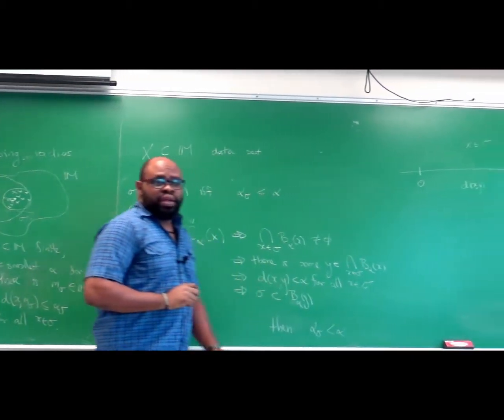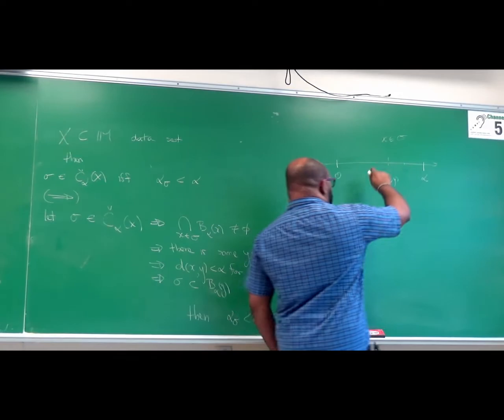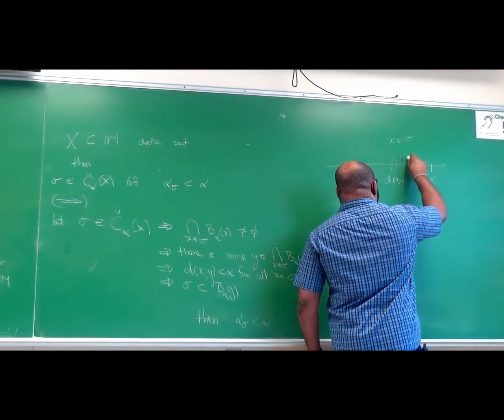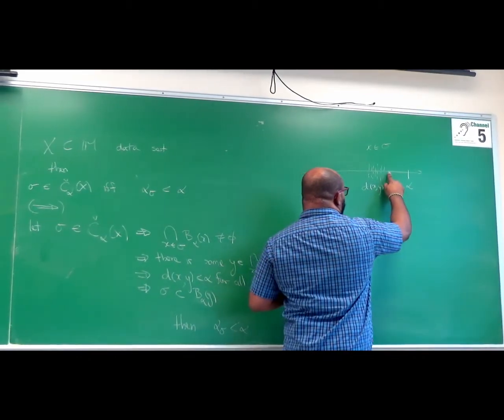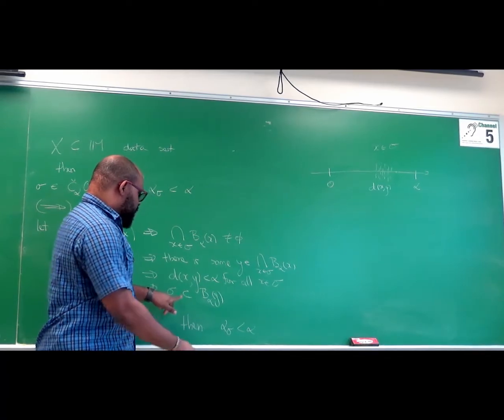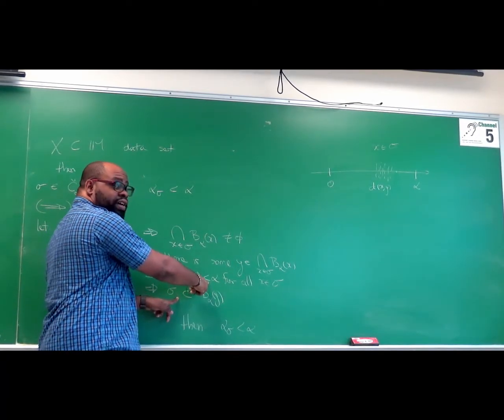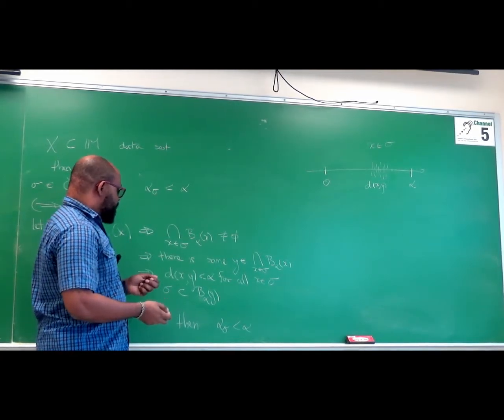And if you look at all the distances, they fall somewhere here, and you never actually reach alpha because all the inequalities are strict, and there are finitely many points in sigma.